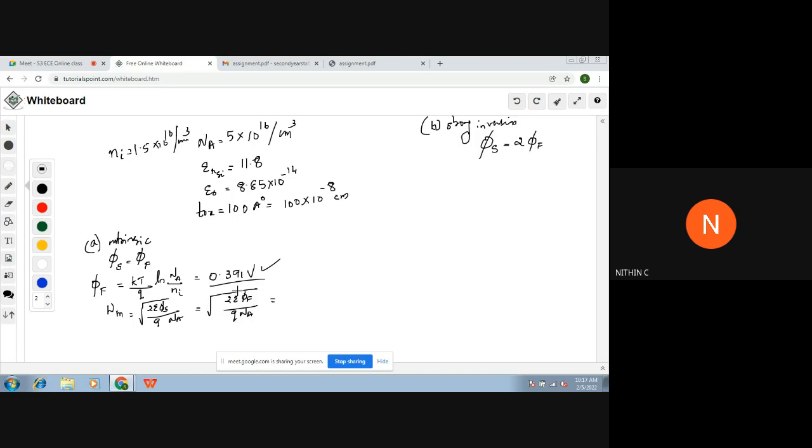You know the value of epsilon. In order to find epsilon in the case of a semiconductor, you need to substitute epsilon 0 and epsilon r silicon. So this will be equal to epsilon 0 epsilon r si phi f divided by q Na. You should be able to do this yourself.